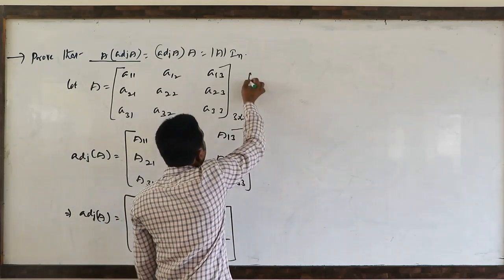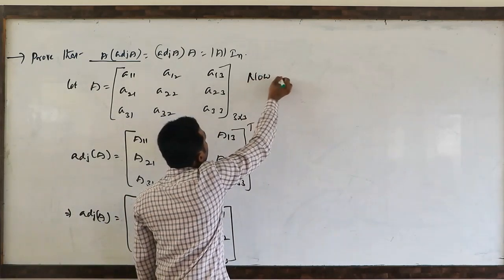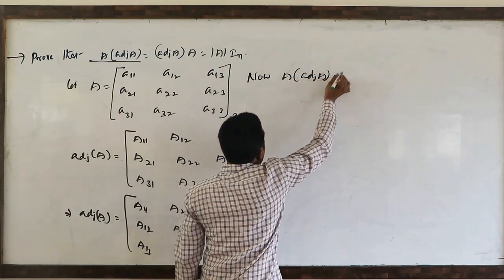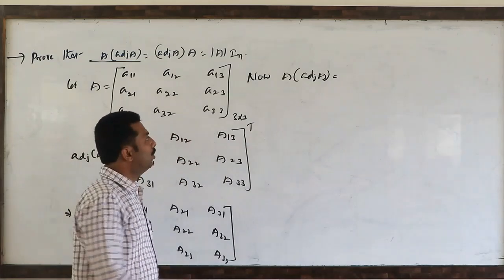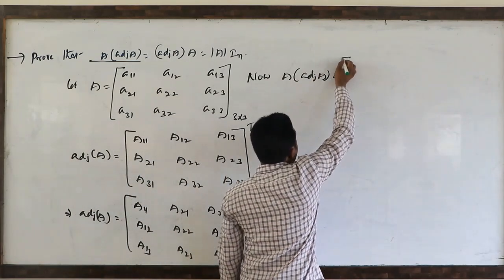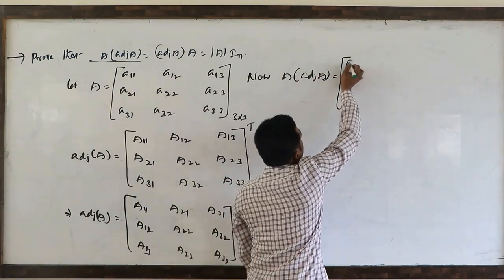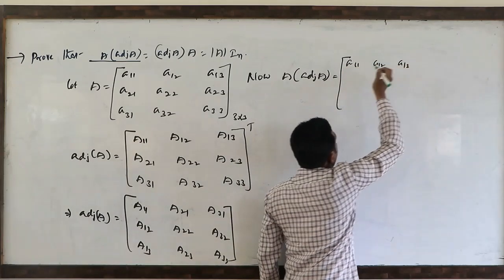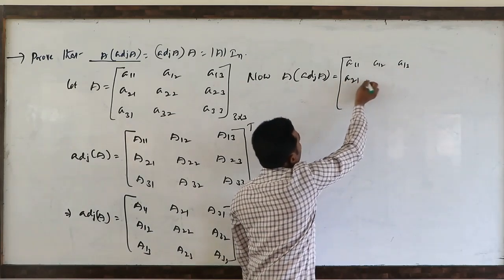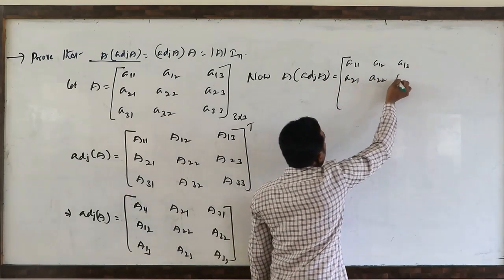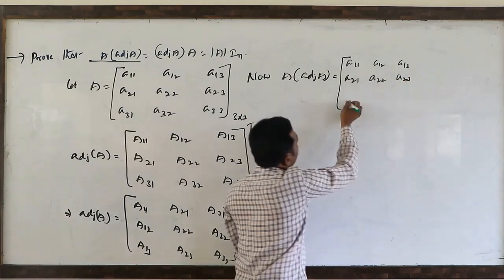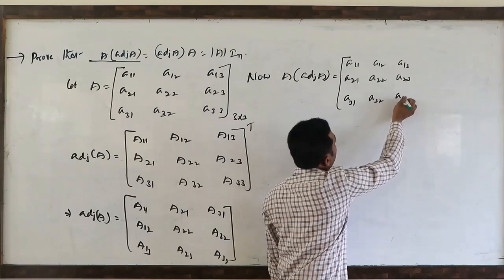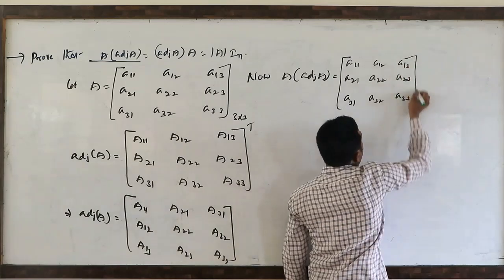Now I am calculating A into adjoint of A. What is the A matrix? This is a11, a12, a13, a21, a22, a23, a31, a32, a33.